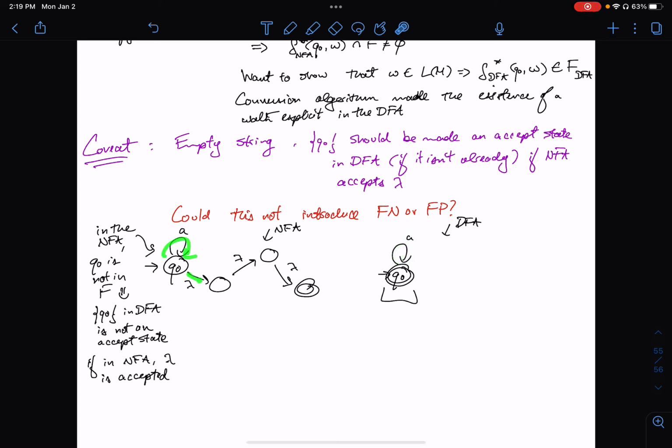They should have been accepted because they can reach the final state. And you certainly don't introduce any false negatives because you're just adding final states.